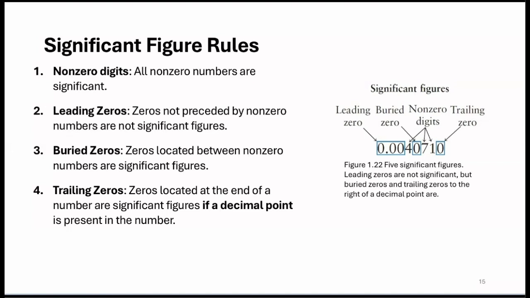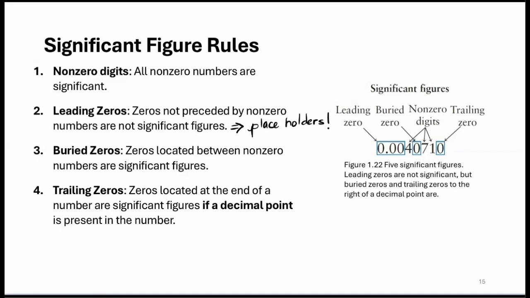Next, leading zeros. Zeros not preceded by a non-zero number are not significant. These zeros are known as placeholders. And in measurements that are less than 1, that's where they are going to be present.